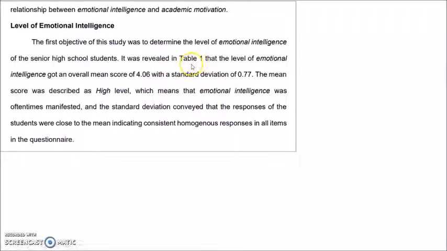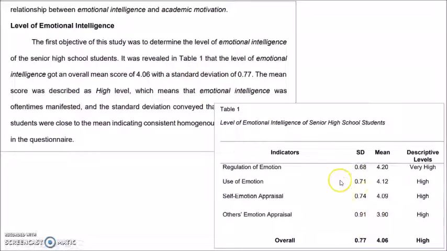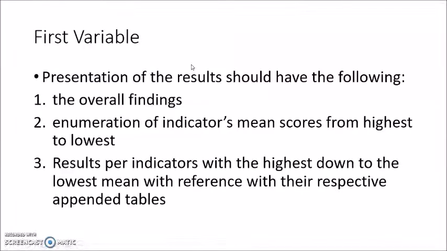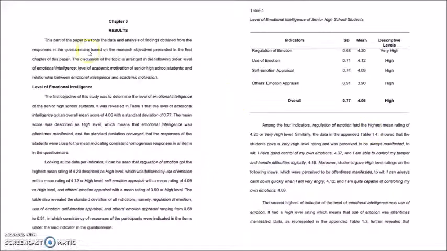So, Table 1, since dito sa paragraph na ito, you have introduced Table 1, it is expected that this Table 1 itself should be at the topmost part of the next page mentioning Table 1. Okay, halimbawa, ano ba ibig sabihin ko dyan? Ito yung paragraph na nag-mention ng Table 1.